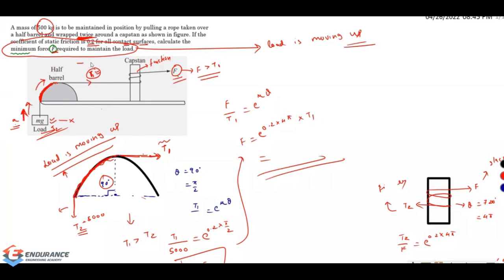I'm trying to move this rope left to right, and as I do, the friction will try to oppose it. Similarly, as I try to move this rope left to right, this friction will try to oppose it. So this force F has to be greater than this T1, and this force T1 has to be greater than that of T2.